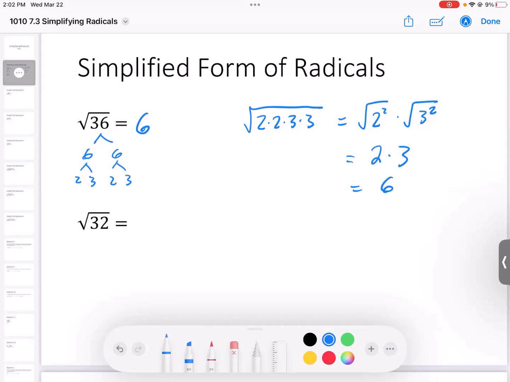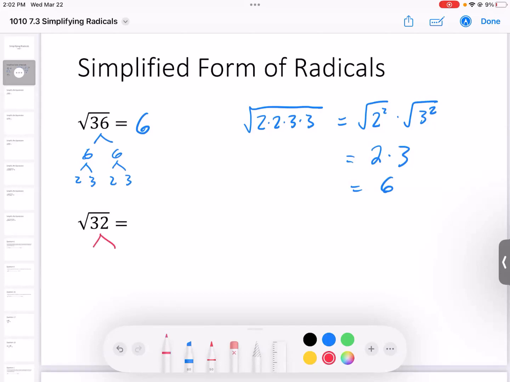So this is the method we're going to use to simplify things that don't equal perfect squares. If it's a perfect square, you really don't have to go through this whole process because you can just figure it out based on your multiplication tables. But when you have something like the square root of 32, the way that we simplify it is by looking at the prime factors.